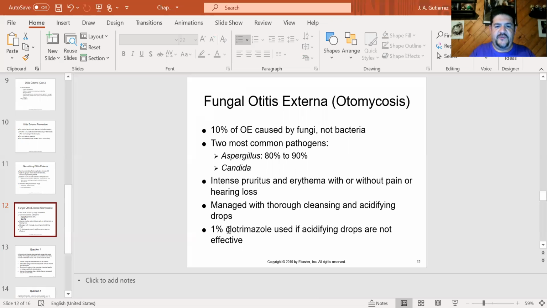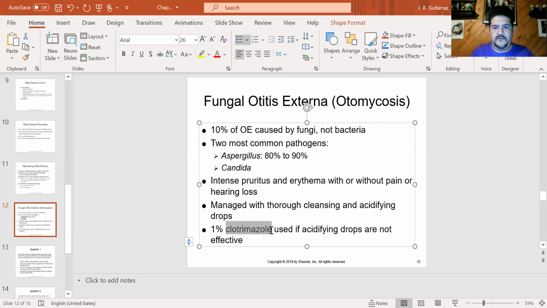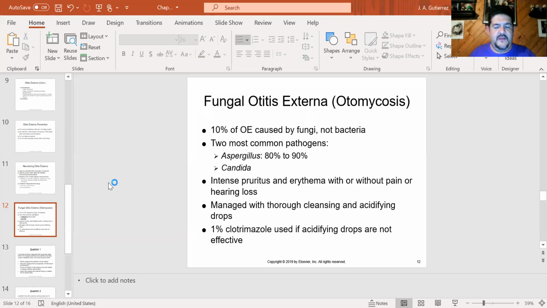The treatment is clotrimazole. It's an antifungal. In this case, drops, but we also have creams. You're going to see it for fungal infections of the feet. So clotrimazole is an antifungal. In this case, the presentation is ear drops in order to fight the infection.